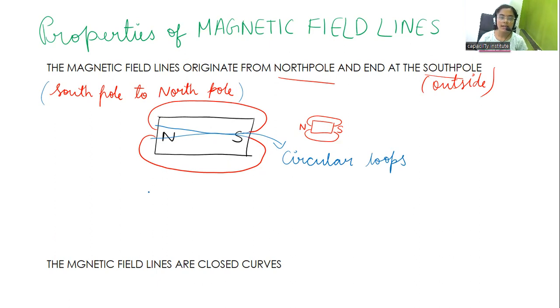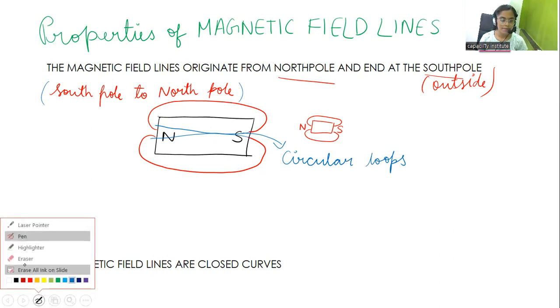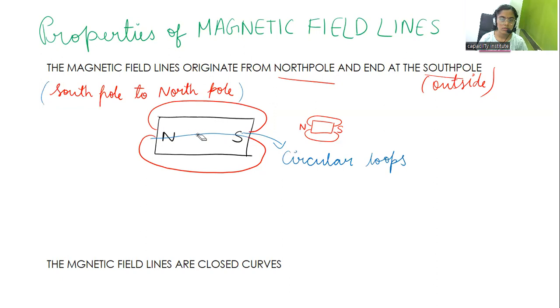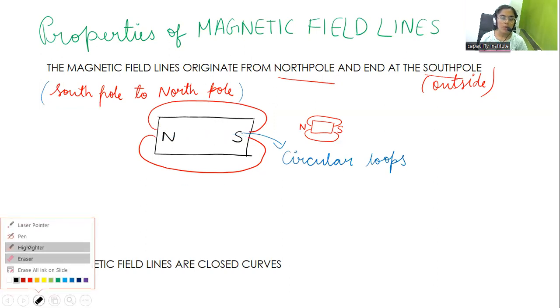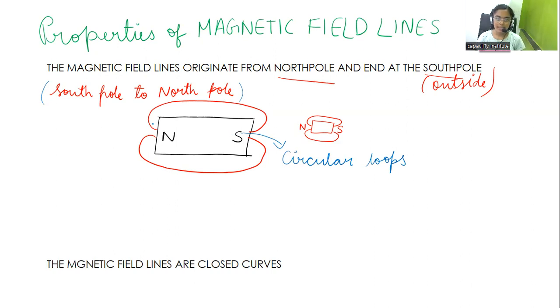If you only check the outer part, it seems that they are closed curves. They're closed, they're nowhere open. Open figure, closed figure, right? It is closed, it is nowhere open. So these magnetic field lines are closed curves.